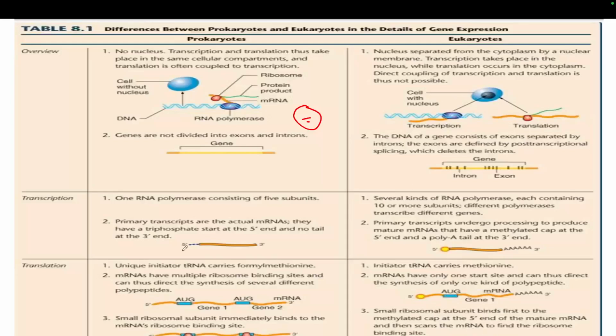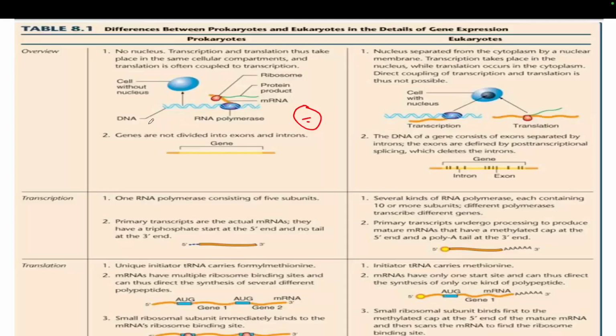Understood? So if you see the overall process, the prokaryote does not have a nucleus, so that's why both processes occur simultaneously. But in case of eukaryote, there is a proper chamber for each event, so transcription takes place in the nucleus and translation takes place in the cytoplasm.